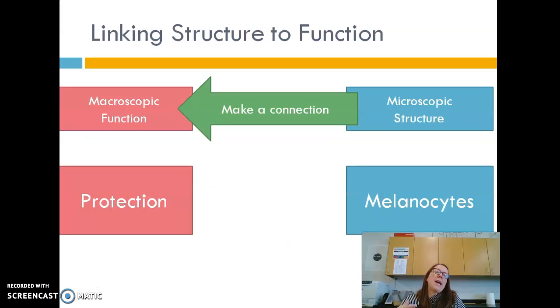As we wrap up here, I really want to emphasize how important it is to link the big picture. What are the jobs of the skin, the macroscopic structure? What are those jobs? How can you relate it back to the microscopic structures within the skin? Let me show you how that works.